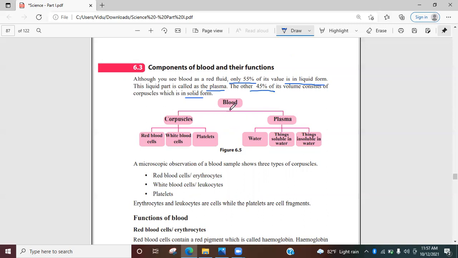So, in this table, blood can be divided into two parts, corpuscles and plasma. Plasma, 55%. Corpuscles only 45%.